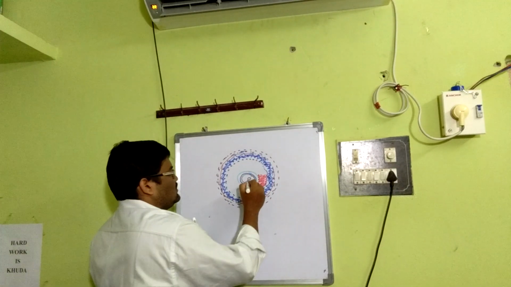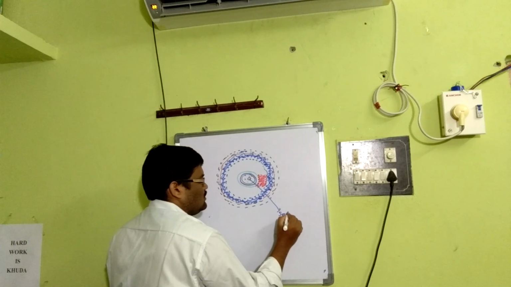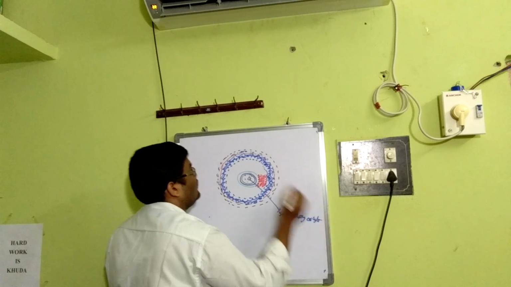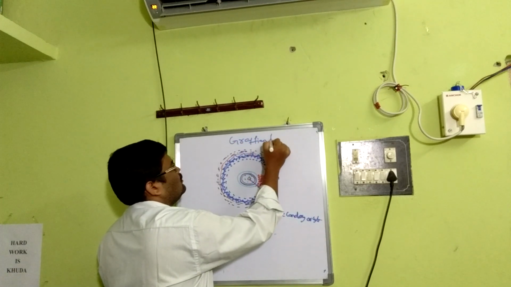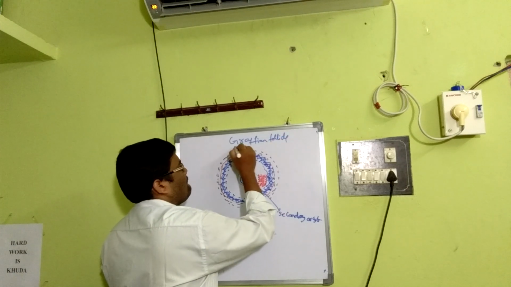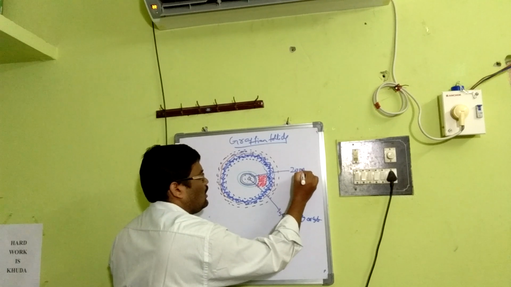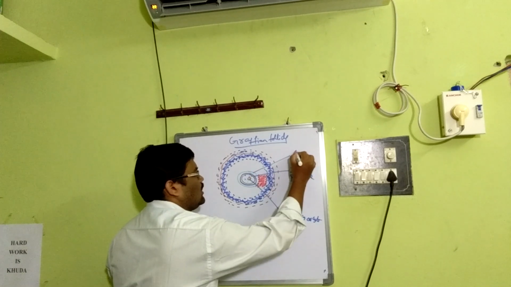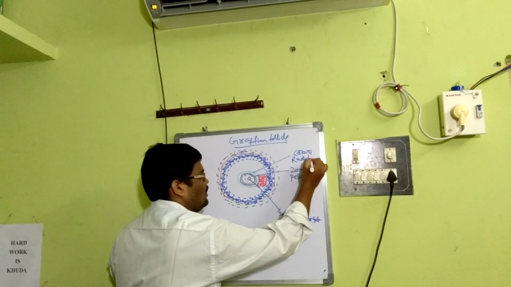Let me draw. This is the secondary oocyte, in the Graafian follicle. Then this is the zona pellucida. This is the corona radiata.